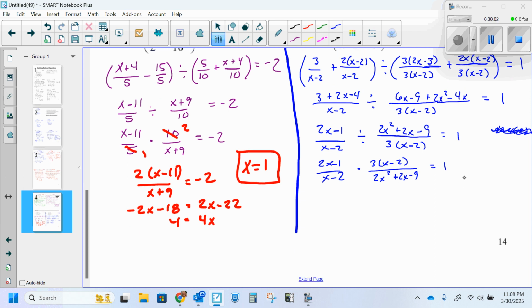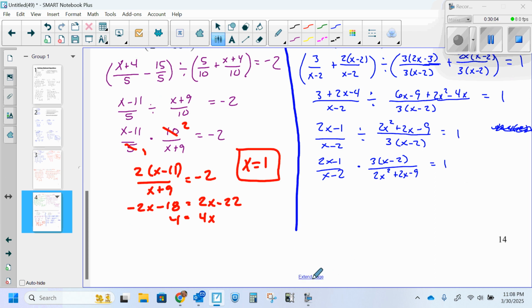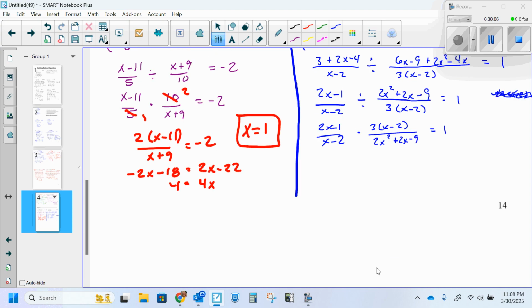It's a long problem. Okay, so that's going to be 6x minus 1. I just distributed that, or 6x minus 3. Didn't distribute very well, did I? Over 2x squared plus 2x minus 9 equals 1.